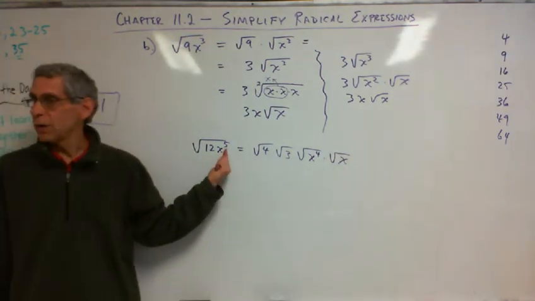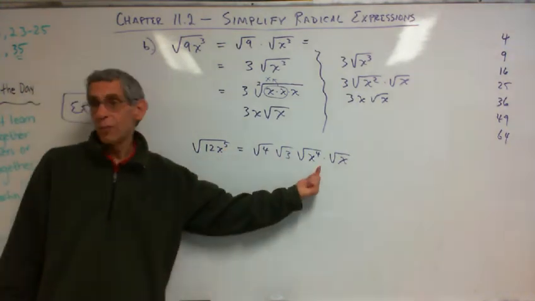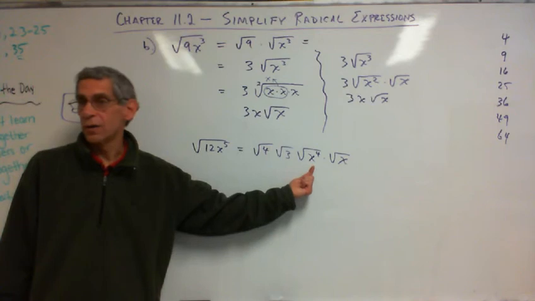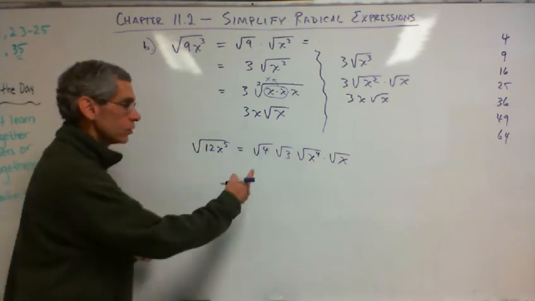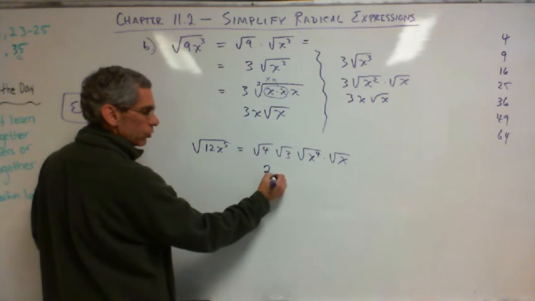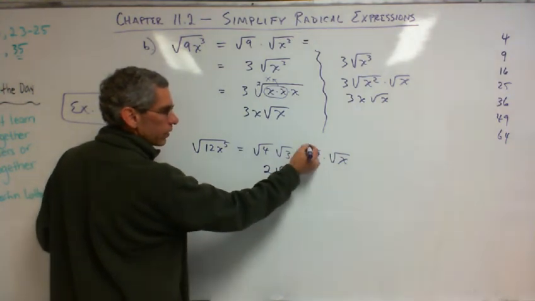If that exponent is an odd number, I make it an even number because that will have a perfect square root. What's the square root of x to the 4th? X squared. And what's the square root of 4? 2. So I have 2 times the square root of 3, and this comes out as an x squared.